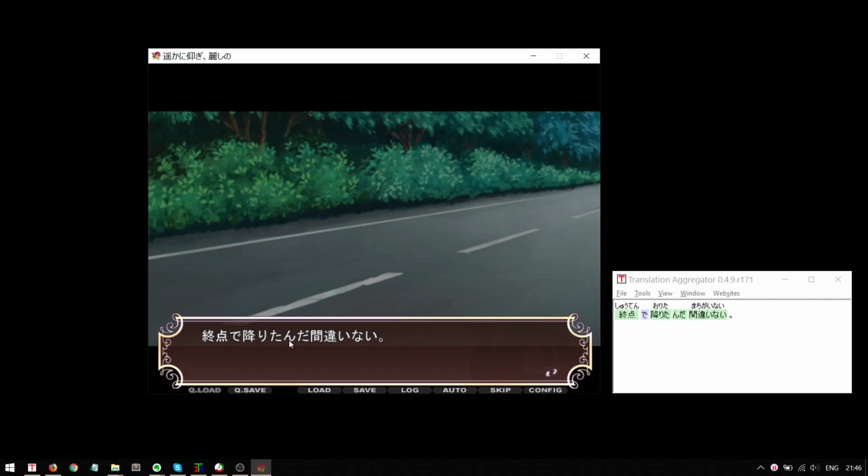And this 降りたんだ, instead of just 降りた, the んだ is のだ. It's basically making this sentence declarative. It basically just means that he's sure of it, or at least he's trying to convince himself that he's really sure. というか、終点?